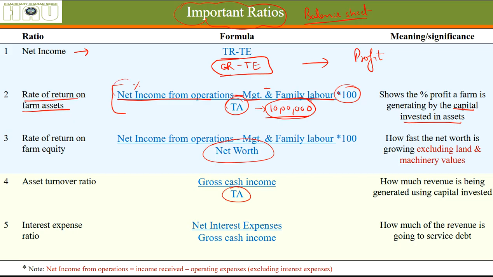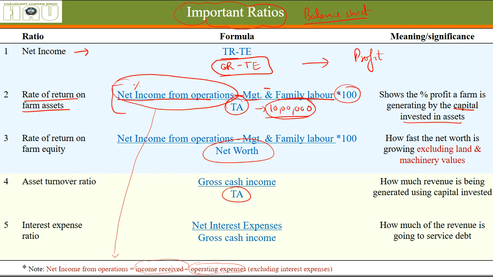What is net income from farm operations? Net income from farm operation, it is told here: income received out of sale of products that we have produced on our farm minus the operating expenses.